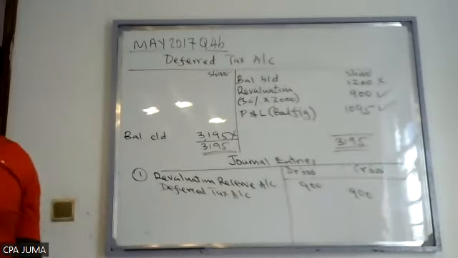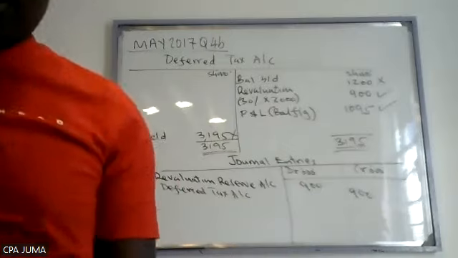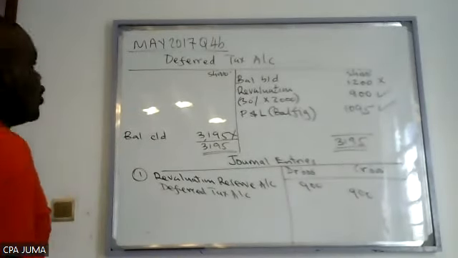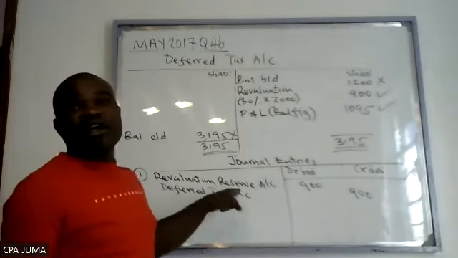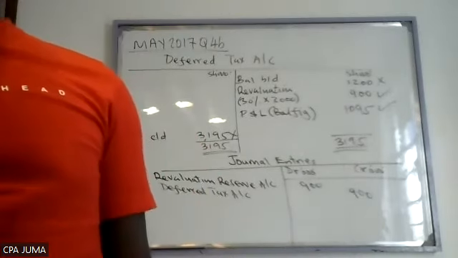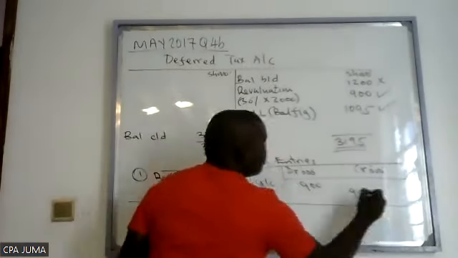Correct. Then the narration: to record deferred tax on revaluation.